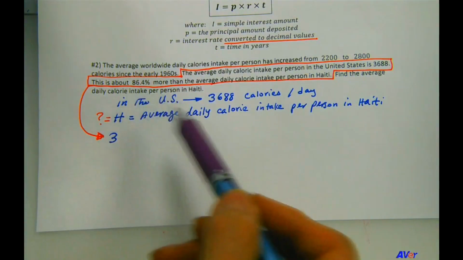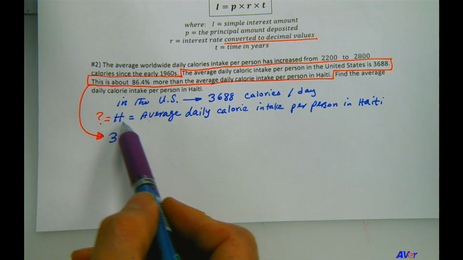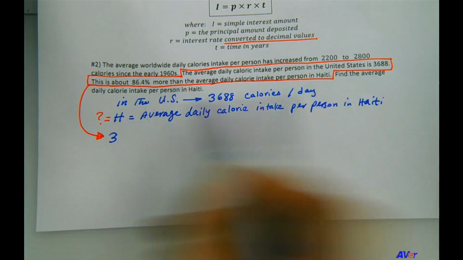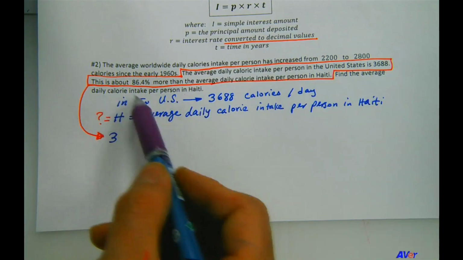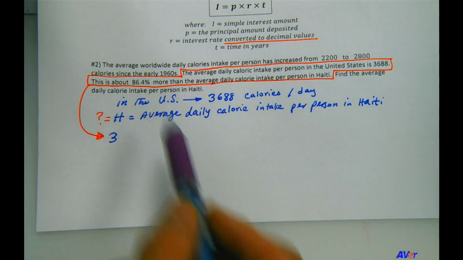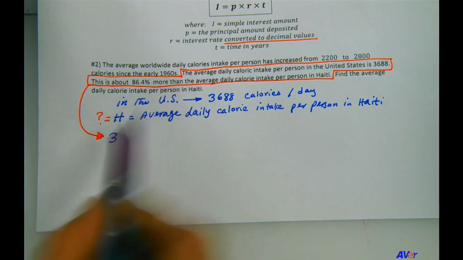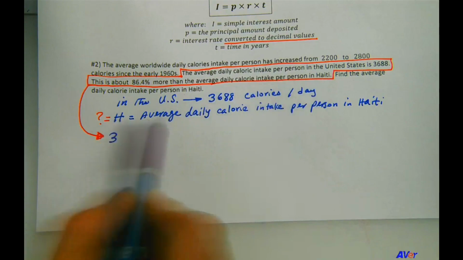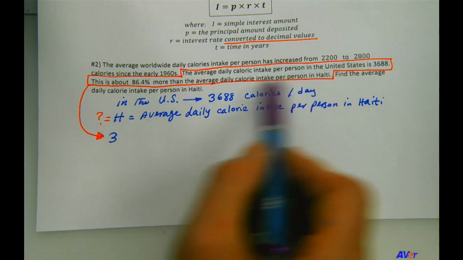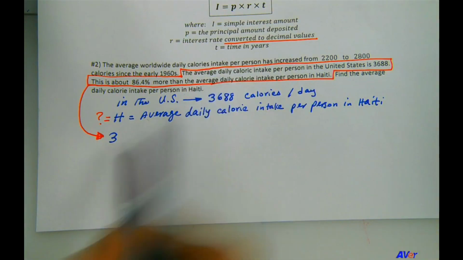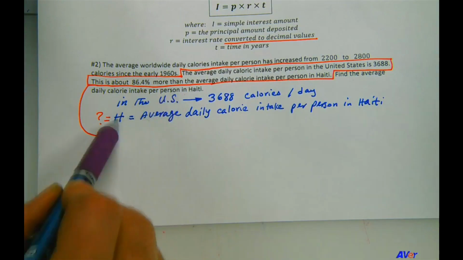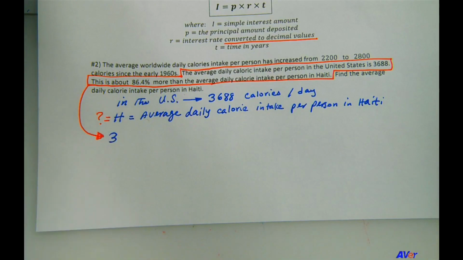Watch what happened. We introduced the variable for the unknown. The last sentence. Find the average daily caloric intake per person in Haiti. Right? We introduced the variable. Then, using that variable, we're going to translate that, what I boxed, into an equation. We couldn't do that if we didn't have the variable, so you must assign a variable first.